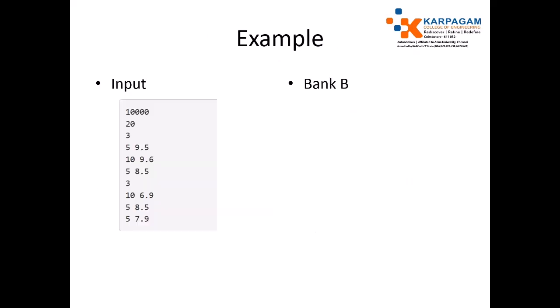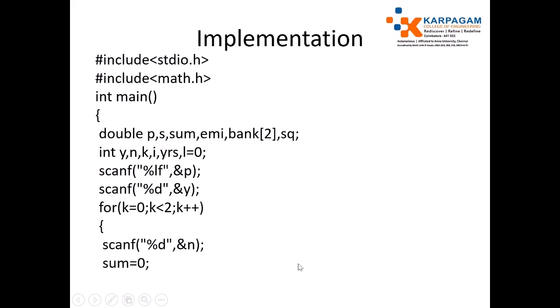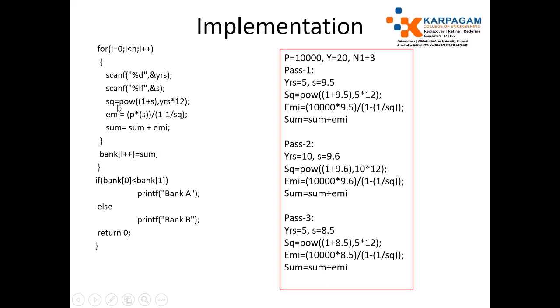Calculate this denominator value. There is 1 minus 1 divided by 1 plus monthly interest rate to the power of number of years times 12. So this component is calculated separately. Square is sq equal to power of 1 plus s comma y star 12.